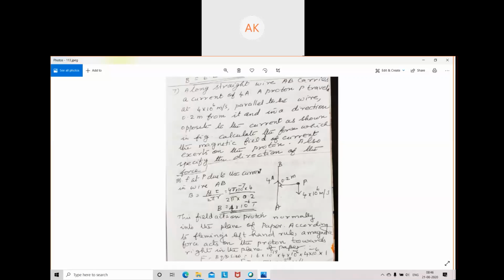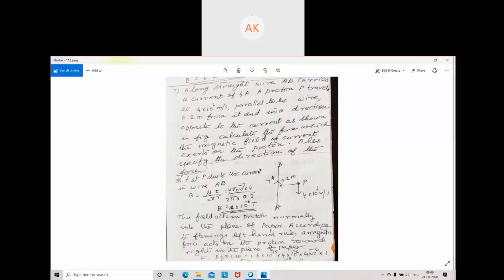Mu naught by 4 pi into 2I by R, or you can write mu naught I by 2 pi R. For a straight conductor, we derived it using Ampere's circuital theorem. All of you study the derivations, study the formulas. At a distance R from a straight conductor carrying current, the magnetic field is mu naught I by 2 pi R. Study the formulas very well.